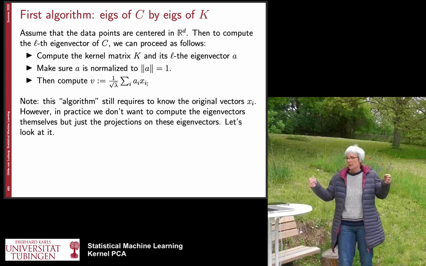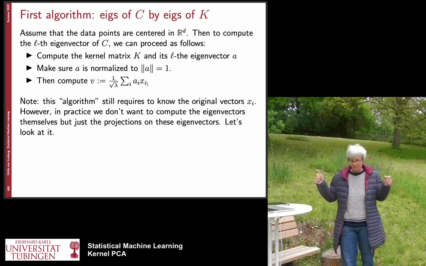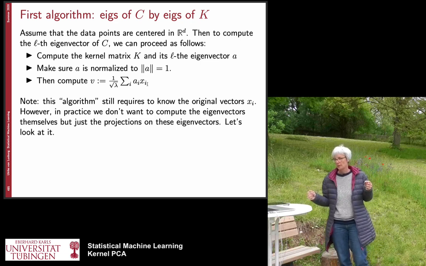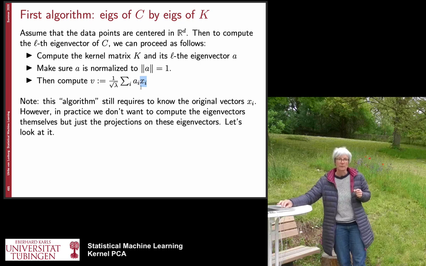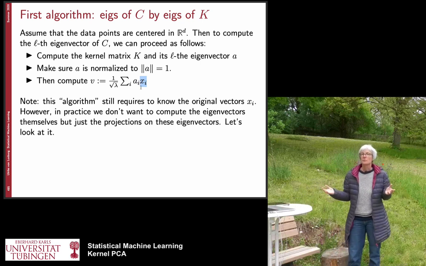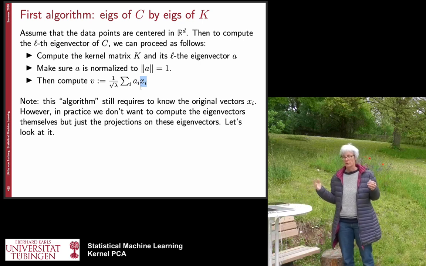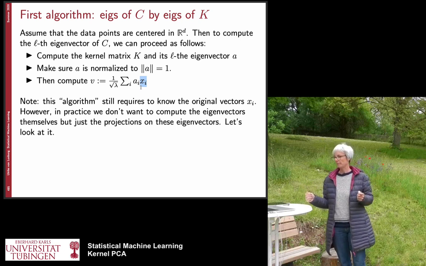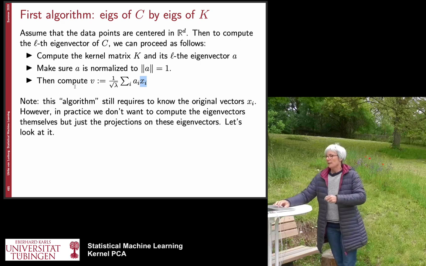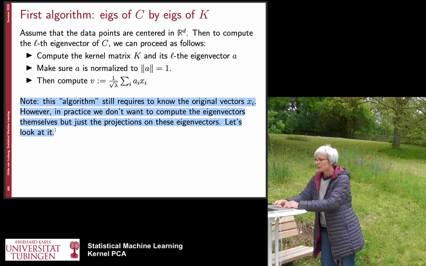What this says is, if someone gives me the kernel matrix and the data points, because we still need the data points here, then I can compute the eigenvectors of the covariance matrix without explicitly computing the covariance matrix itself. And here I have this note that is really important.